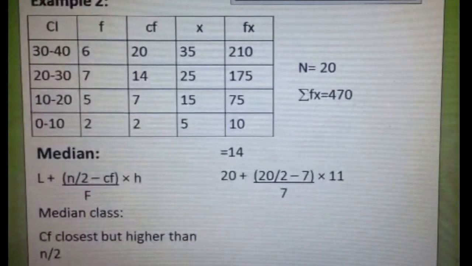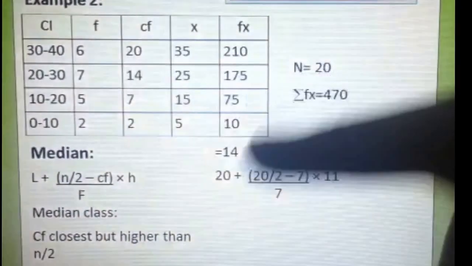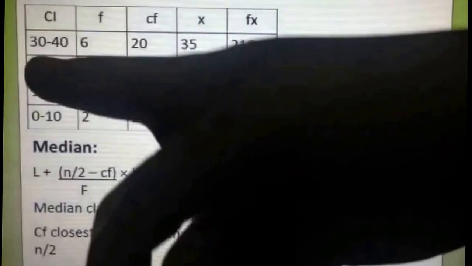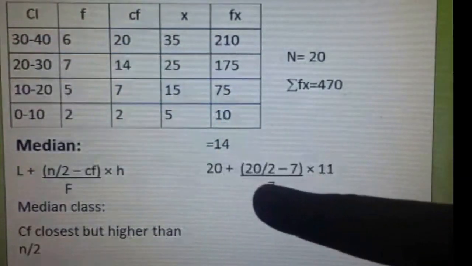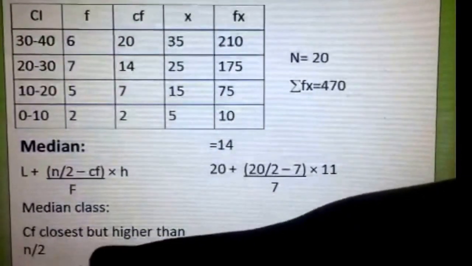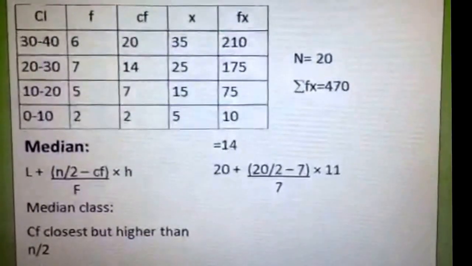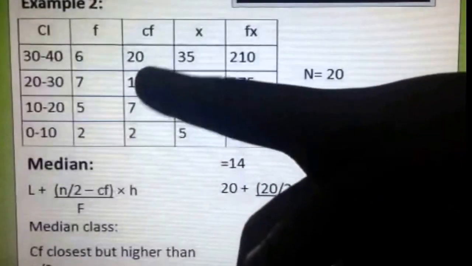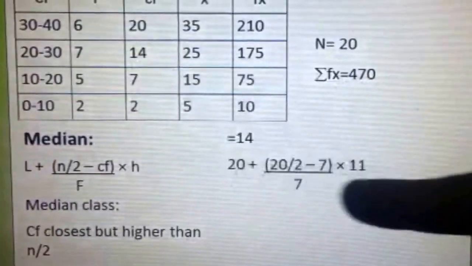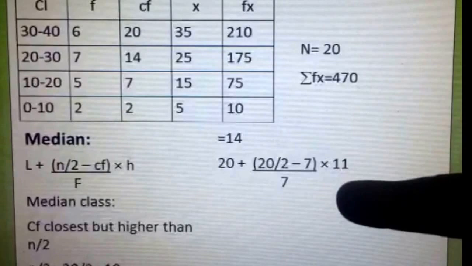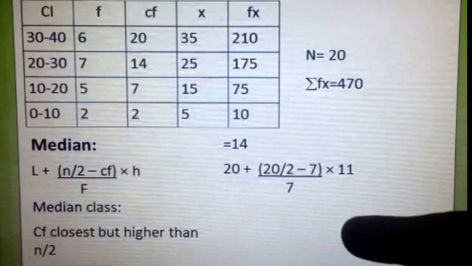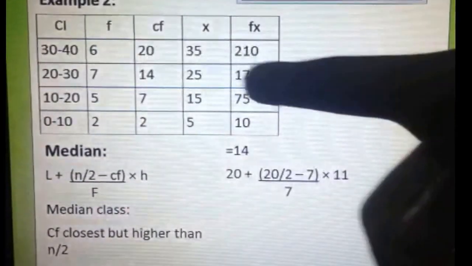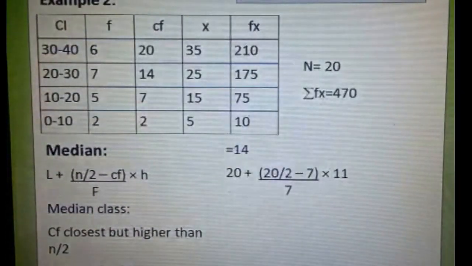And substituting the values, for this case, we have the lower limit 20 right there. Lower and upper limit, so our lower limit is 20 plus the n over 2, which is 20 over 2, and minus the Cf, or the preceding. We get 7 times 11, which is the class size, over the frequency of the median class, we get 7.